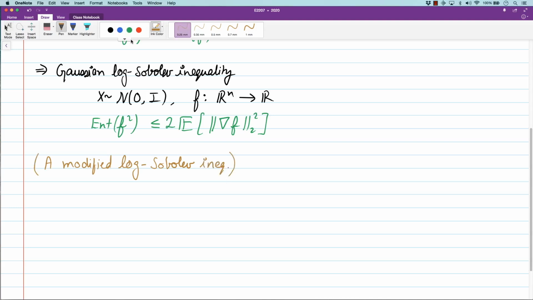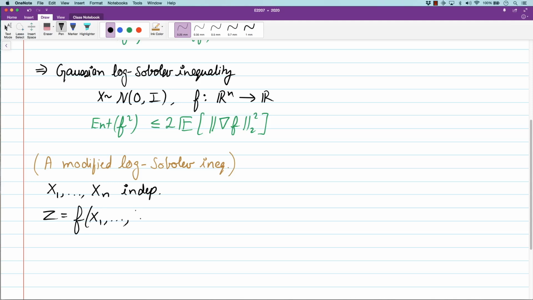Once again we have random variables x1 to xn that are independent, and we have a function f of x1 to xn.